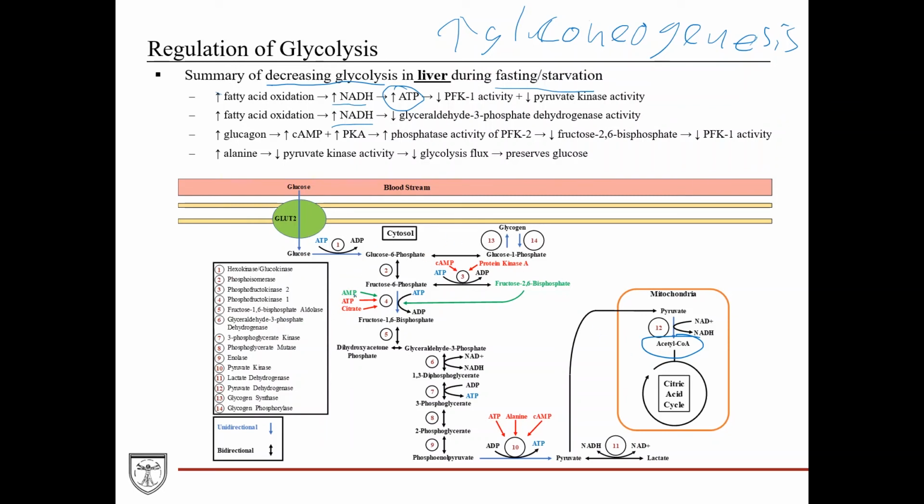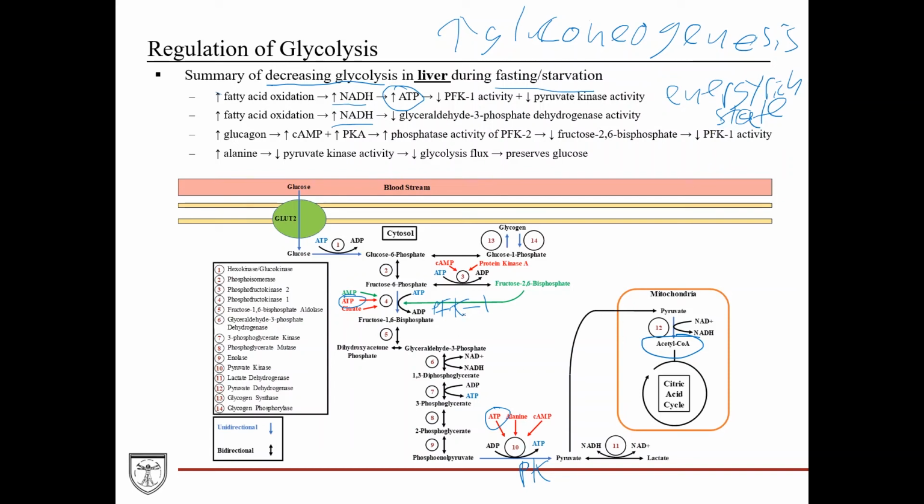ATP comes and feedback inhibits in two places: phosphofructokinase 1, which again is that rate-limiting and committed step, so PFK1, and then down here at pyruvate kinase. Both of these places are sensitive to energy-rich state, as we've mentioned. Because although you're not using glucose, you're still in a high energy state because you have high levels of ATP from fatty acid oxidation.